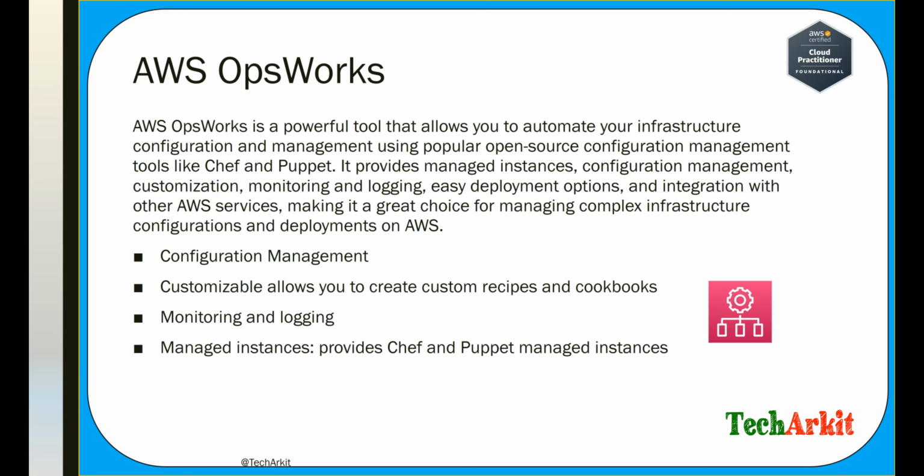They already have pre-built Chef and Puppet management instances, so you don't need to worry about installing and configuring anything here. Just go to OpsWorks, use that configuration management tool, and manage your EC2 instances and other AWS services with OpsWorks.